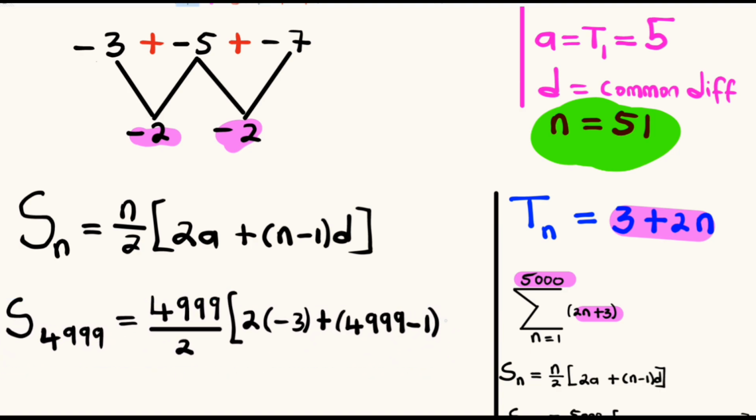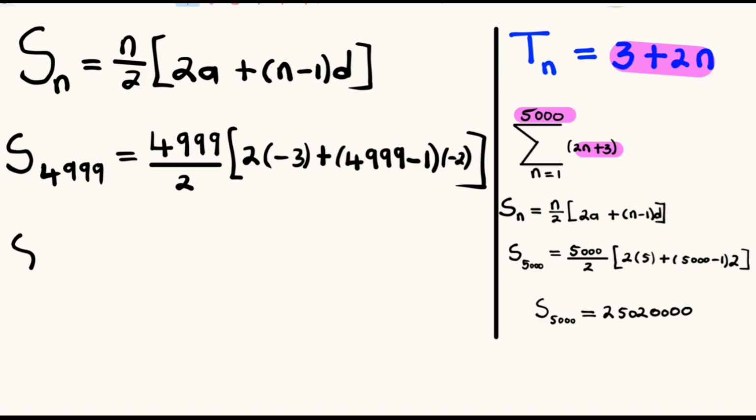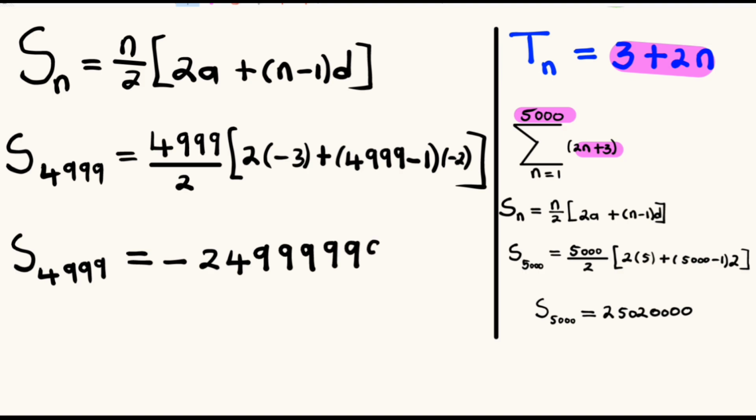So in the place of the d, we substitute negative 2. And our sum to 4,999 will be equals to negative 24,999,999.